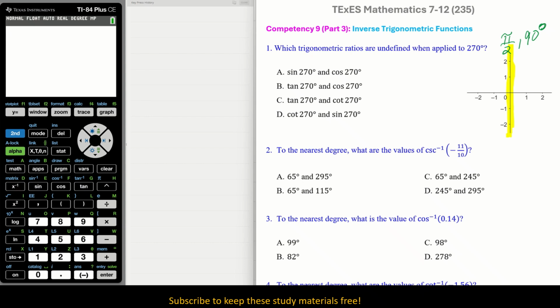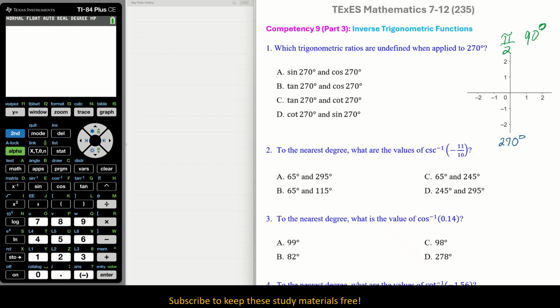Now, sine and cosine are defined, okay? And they're saying 270 degrees. I'm sorry, so they're not talking about 90. What they are referring to is 270 degrees, which is here. You can put each of those in the calculator, but I know right now that sine and cosine have a value.